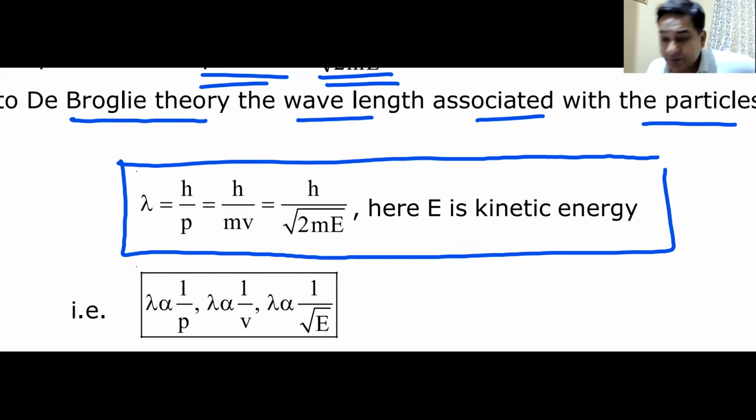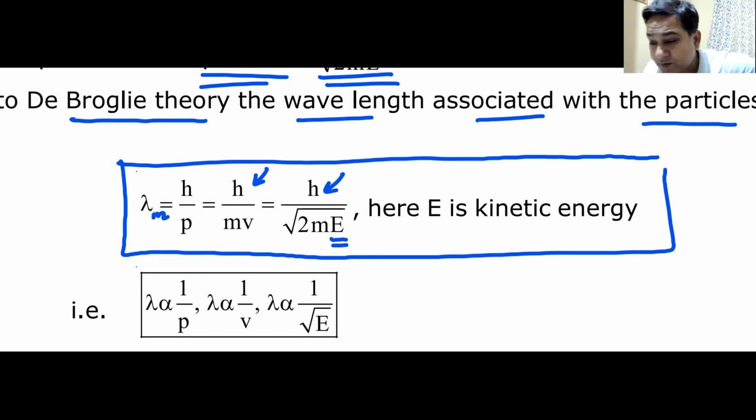The lambda, or you can write it as lambda m, m standing for the matter wave, is h divided by p. H is Planck's constant, p is the momentum. I can write it as h divided by mv, or h divided by root of 2mE, where m is the mass of the particle and E is the kinetic energy of the particle. Do we understand this?